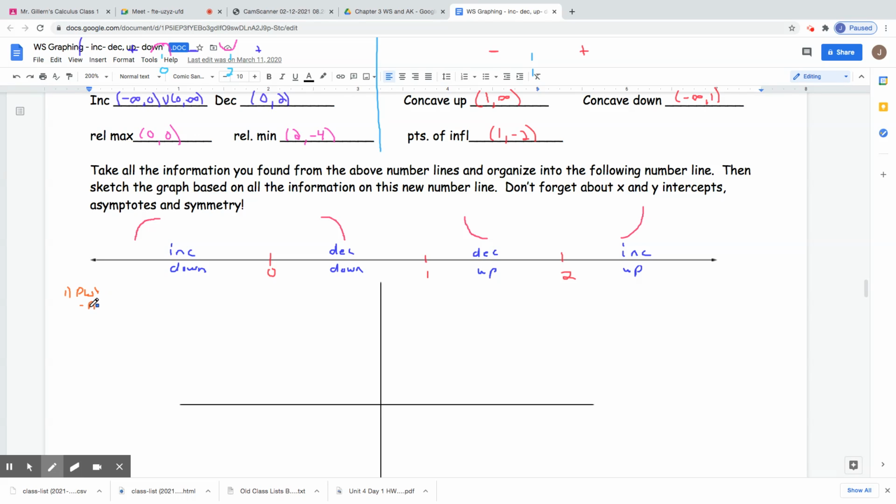You need to plot any asymptotes, your x-intercept, your y-intercept, any relative max or mins, and any points of inflection. So any points that we have found previously, we are going to put on the graph first, along with any asymptotes. Now, there are no asymptotes in this problem, so we don't have to worry about that.